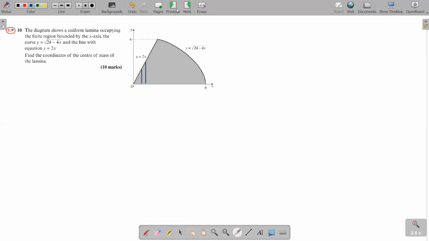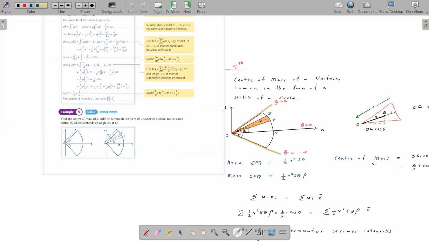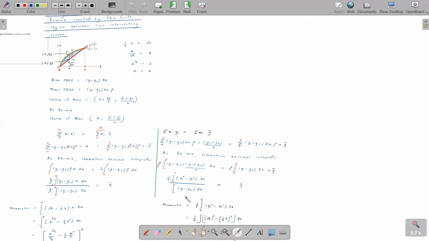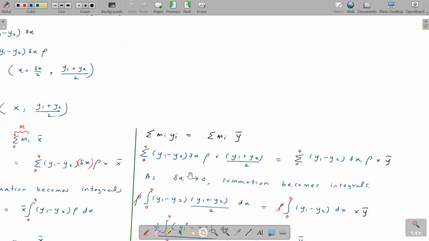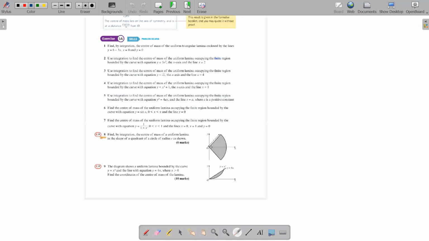Now, the theory that we learned previously, you saw in that question, you had both y1 and y2. When you took the vertical strips, you got both the curves touching the rectangle. But over here, there is a potential issue.